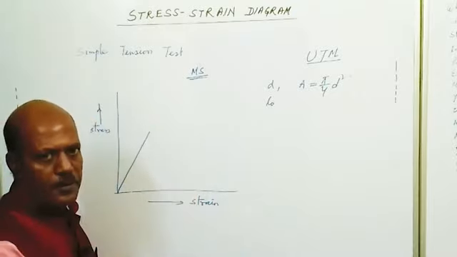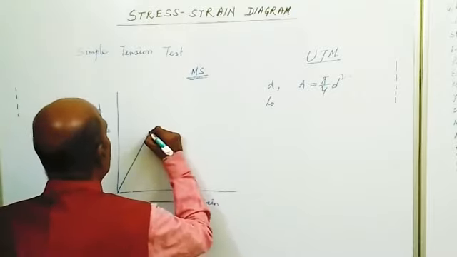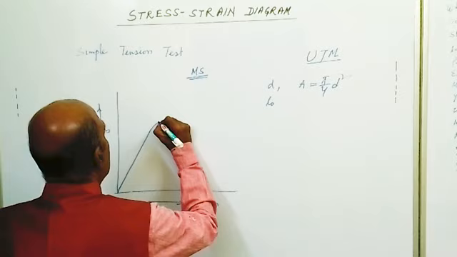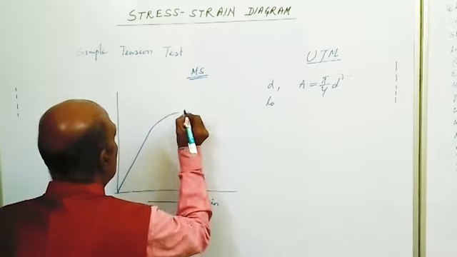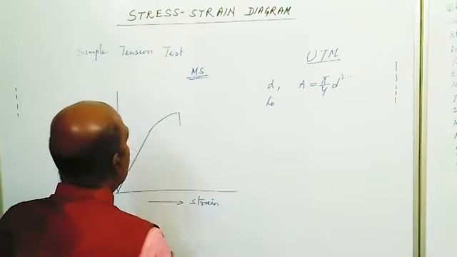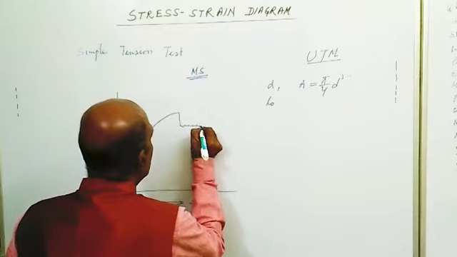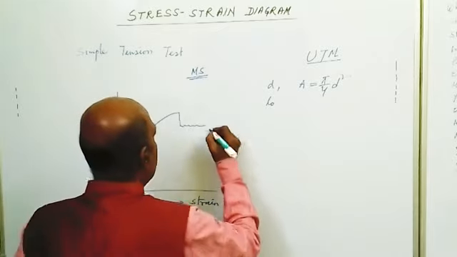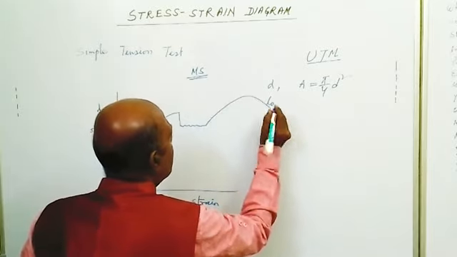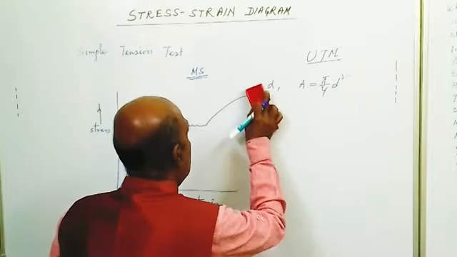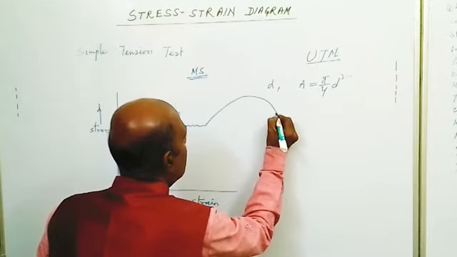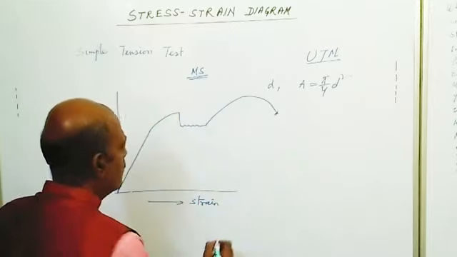up to some point. After that the curve will slightly bend from the straight line, then the curvature will be more, and after that the curve will go down slightly, then there will be a sawtooth type formation, and thereafter the curve will rise and ultimately the body will fail at this point.